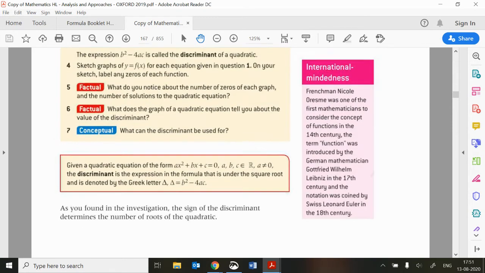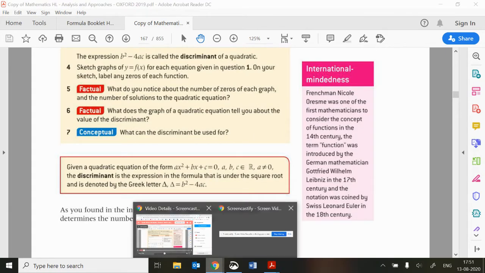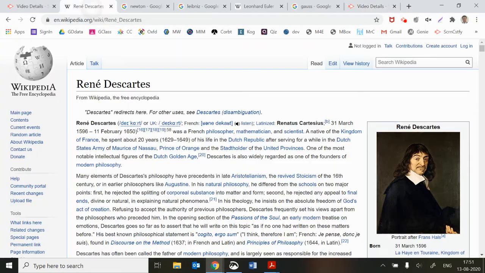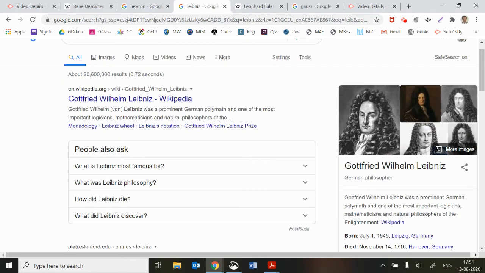Even if you don't know exactly what these mathematicians have done, you can certainly read up on them. René Descartes was born in 1596, and I've put a few mathematicians here in my tabs.